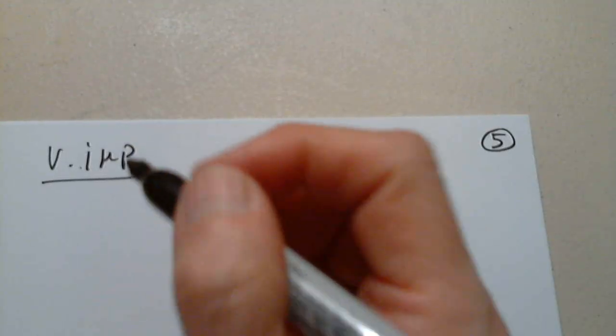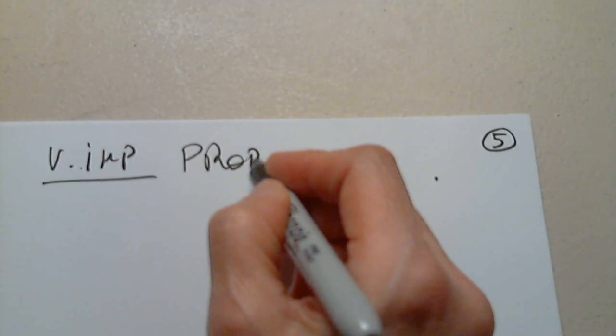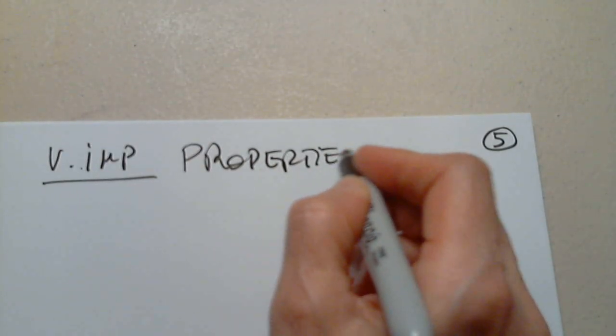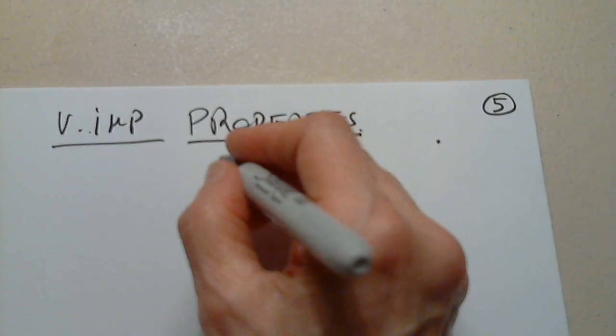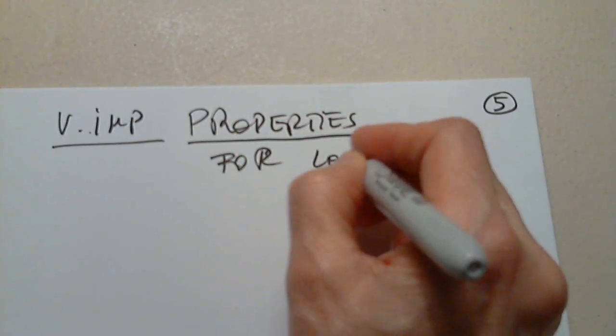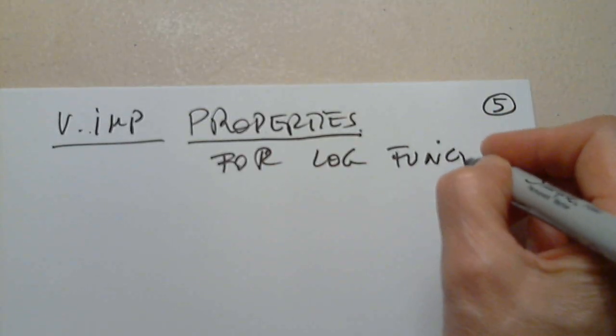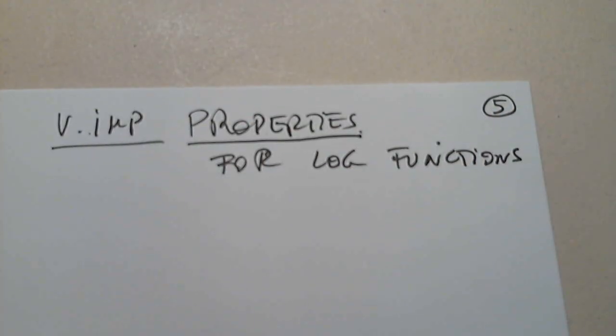And I am on page 5. So very important properties. The properties that I'm listing here are properties of the log, for log functions, all of them, regardless of the base.